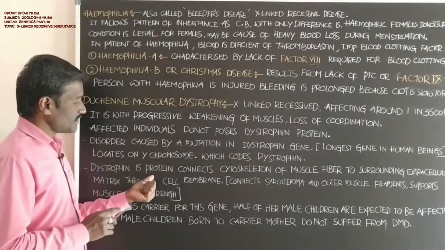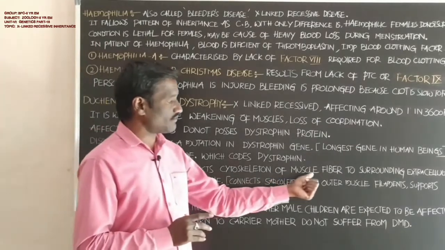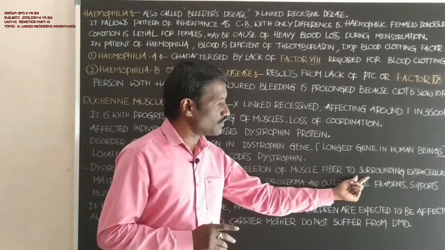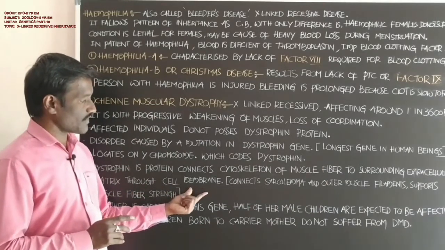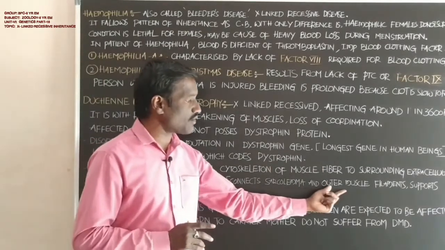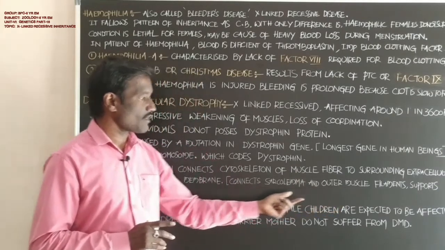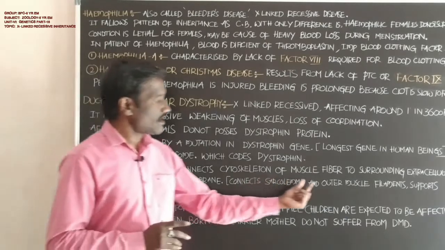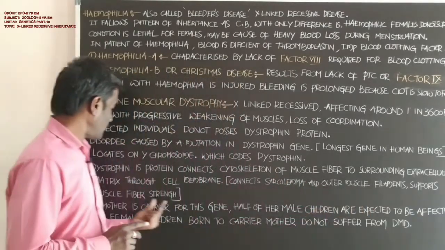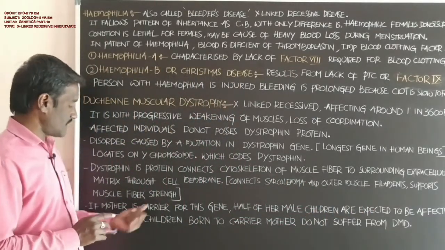Dystrophin is a protein that connects the cytoskeleton of the muscle fiber to the surrounding extracellular matrix through the cell membrane, connecting the sarcolemma and outer muscle filaments. It supports the matrix, students, and supports muscle fiber strength.